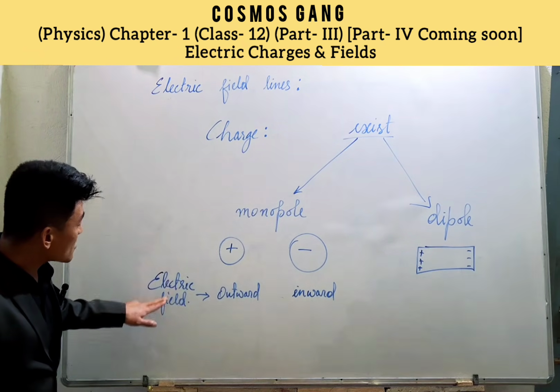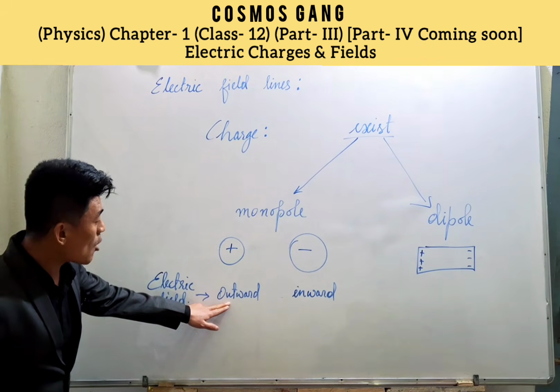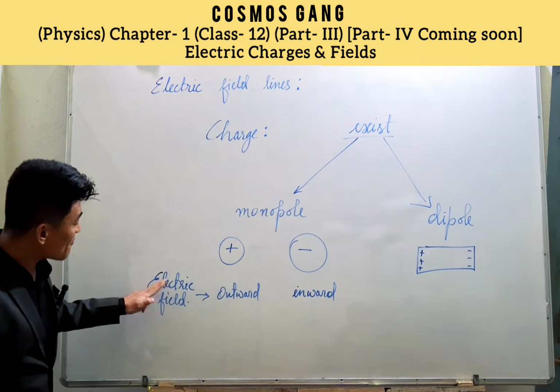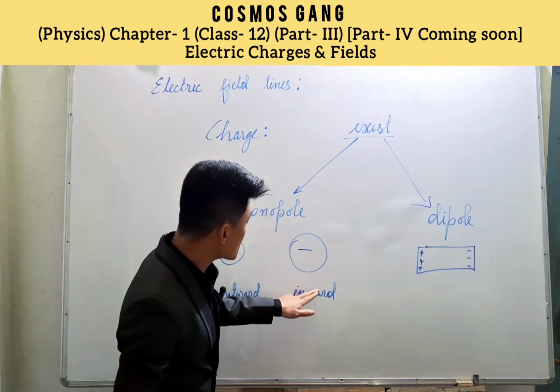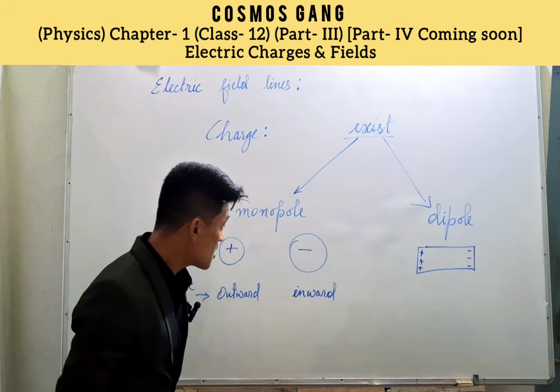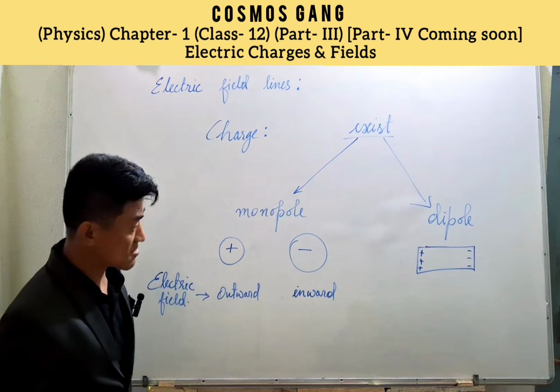The direction of electric field in a positive charge is going to be directed outward, whereas the direction of electric field in a negative charge is going to be directed inward. We are going to use this concept in electric field lines.